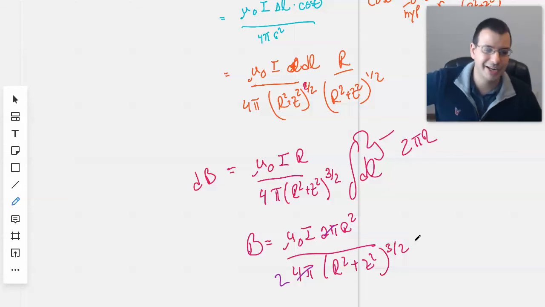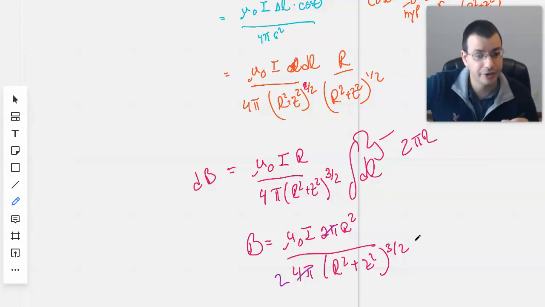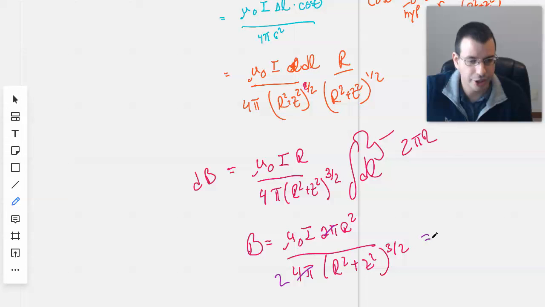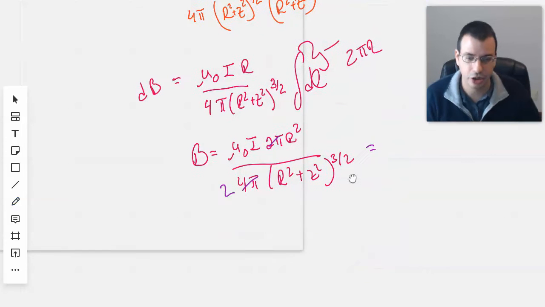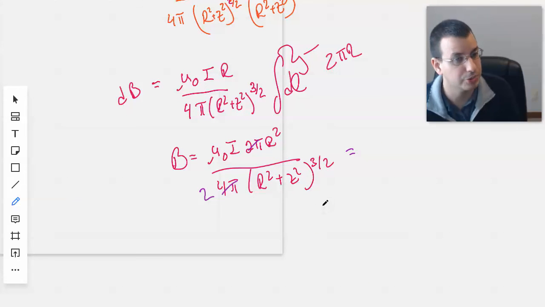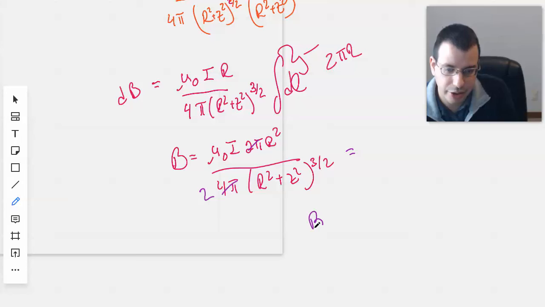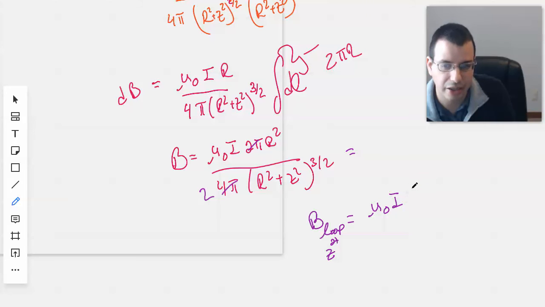Okay, that was not as much canceling as I had hoped for, but it is the appropriate amount. And so we write this. This will probably actually be the last time I rewrite this. B loop at Z equals mu naught I R squared over 2 R squared plus Z squared to the 3/2.